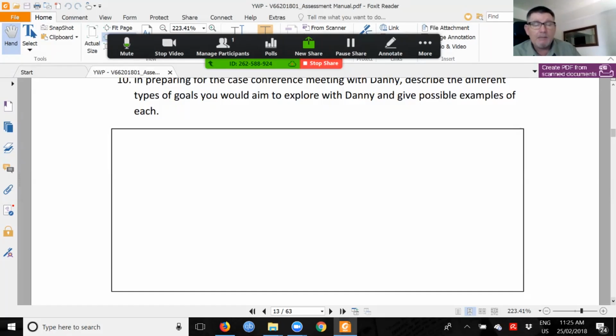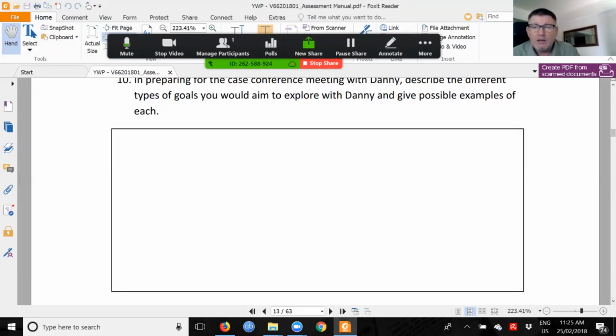It may not, but maybe it'll work. So there's some of the goals that you can explore. Reconnection with his family, relocation to his hometown. Some of these could be an ongoing engagement with services, or understanding that if he's fairly transient, he might come and go and can still be involved with services, and that might be okay too.